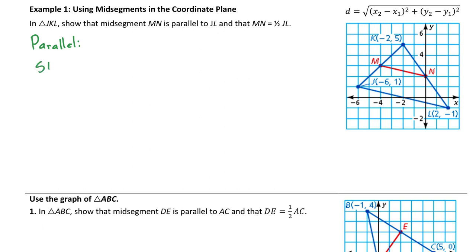So slope of MN. Okay, the slope of MN, I go down 1, right 1, 2, 3, 4. So the slope is -1/4. Okay, slope of MN is -1/4. Then I'm going to find the slope of JL.